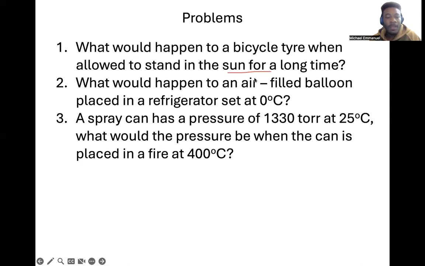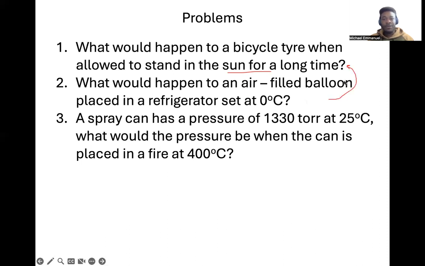Also, what will happen to an air-filled balloon placed in a refrigerator set at 0 degrees Celsius? Can someone tell me the answer? So this is basically the reverse of what is going on here.